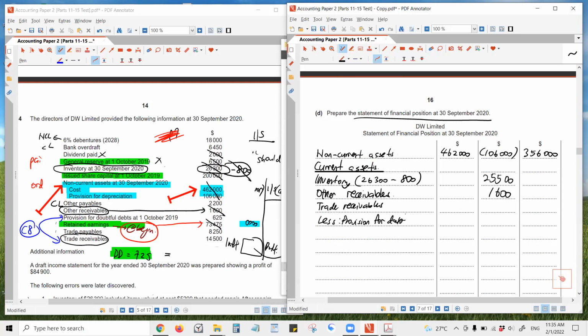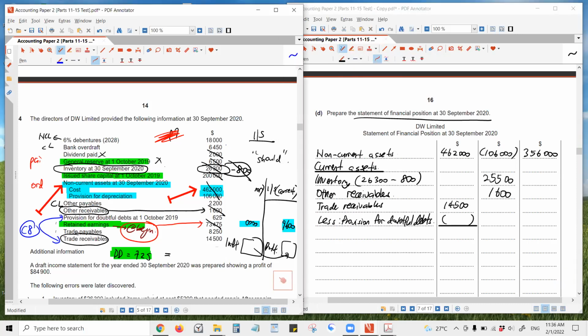Provision for doubtful debt. Now show the amount. 14500. Provision for doubtful debt at the current year end, what is the amount? Just now we found it to be 725.